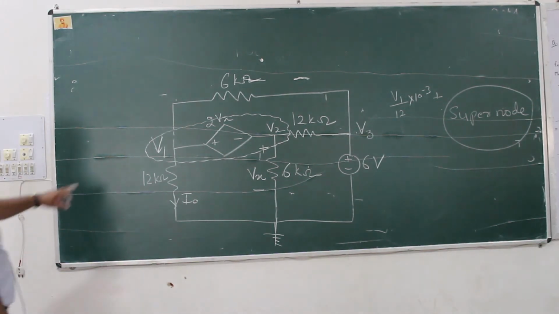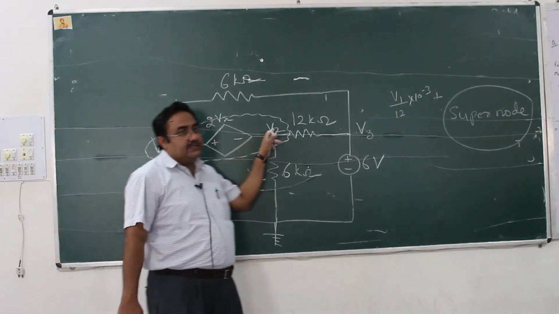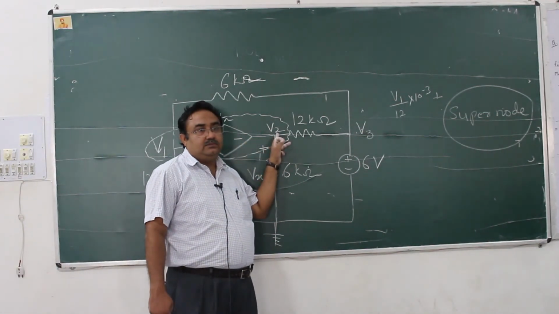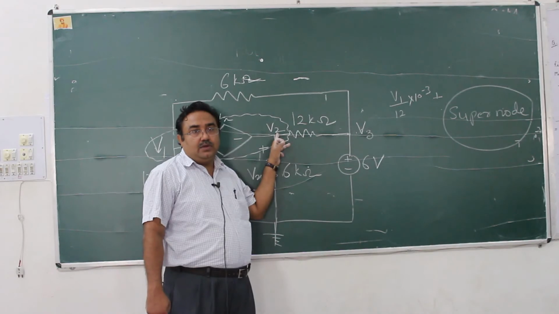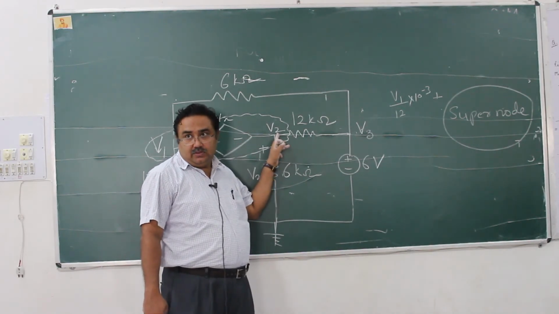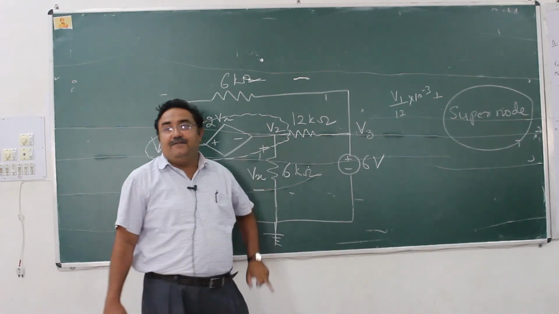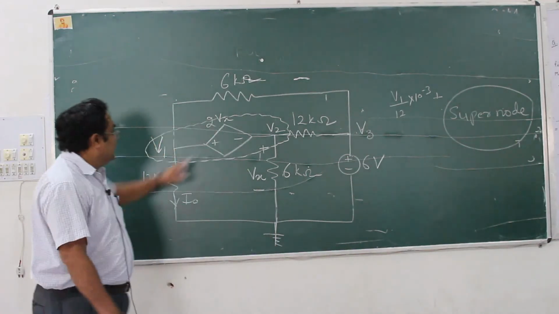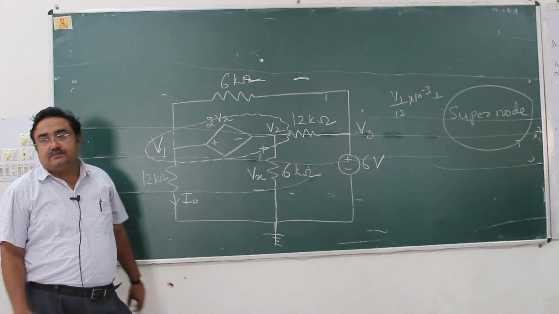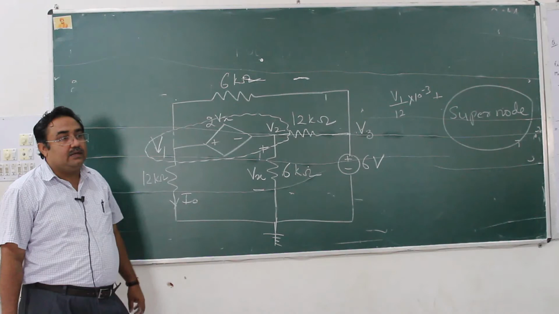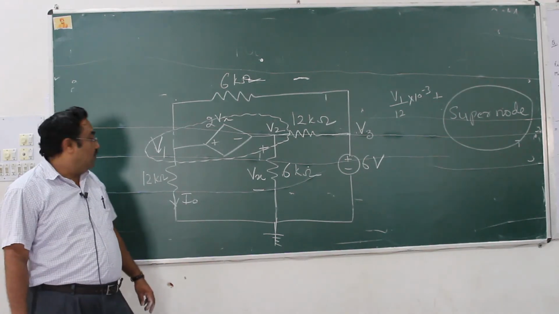If I know the voltage of this, can I know the voltage of this? Do you agree? Then why should I assign V2? Can I represent this V2 in terms of V1? How?